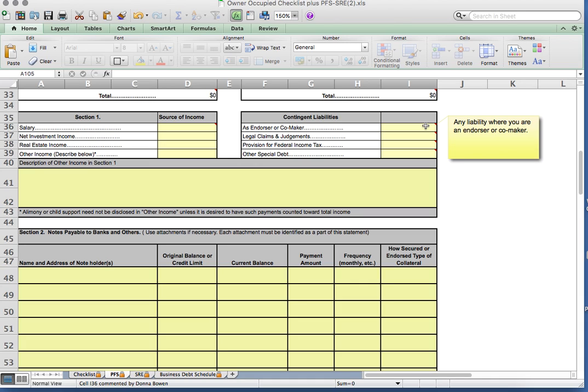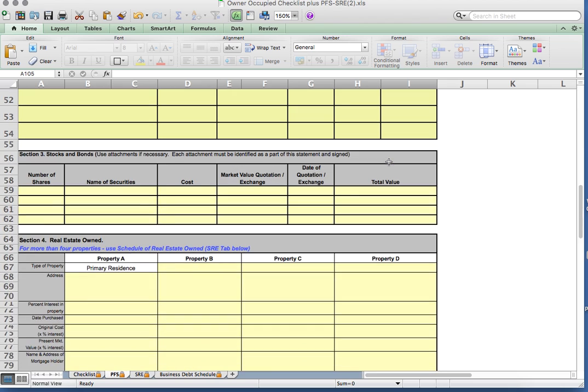This could be for a development that maybe you borrowed $10 million and you've only drawn on $1 million of it. We want to know what is that total contingent liability, because the contingency is that you actually complete the project. So make sure that you're very clear in this area.